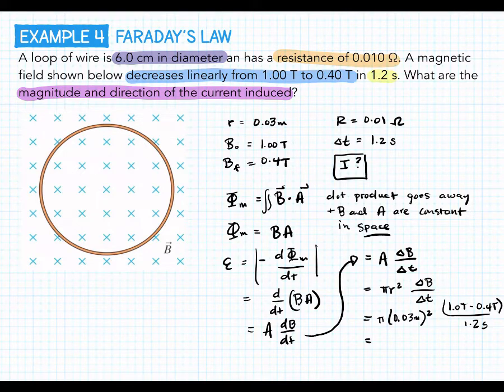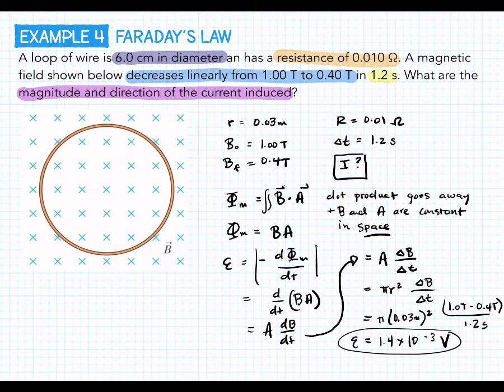So what's A? What's the area of the ring? What's the area of a circle? Pi r squared. So this is pi r squared, and then we have delta B over delta T. This is pi times 0.03 meters squared.